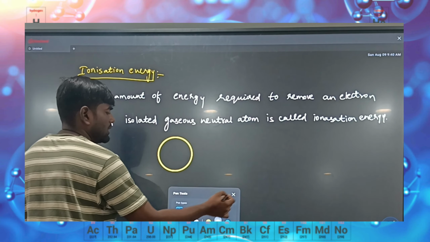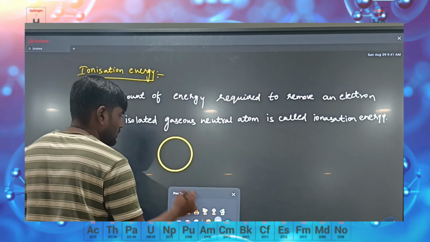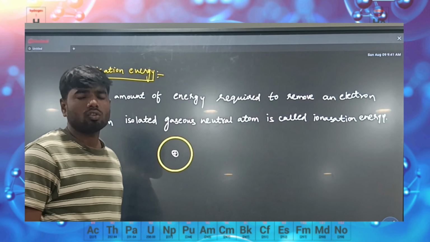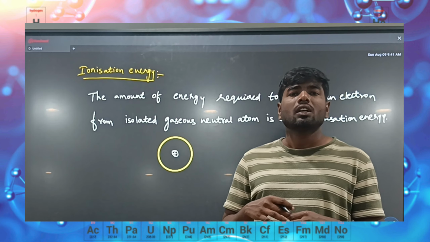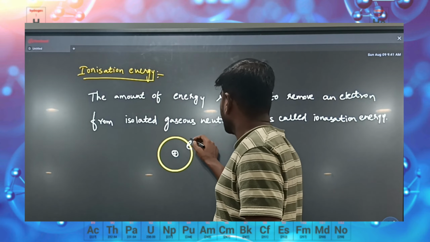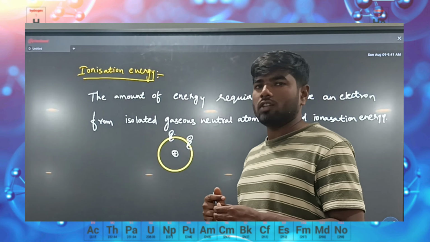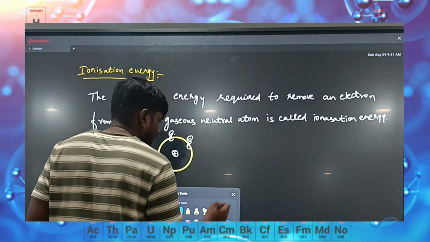In the atom, you know already, at the center of the atom the nucleus is present, and these are shells. The electrons are revolving around the nucleus in circular paths. Those are called shells. Just think that it has two shells.